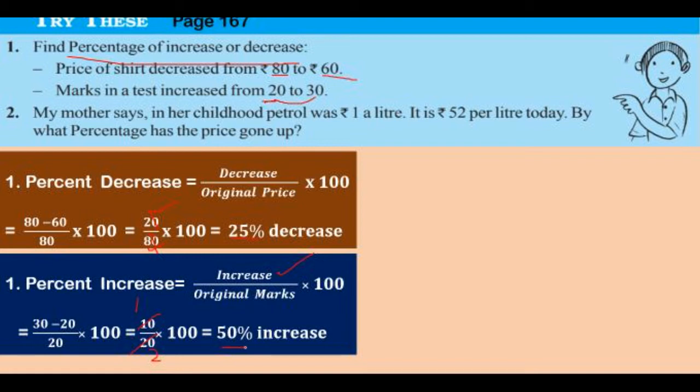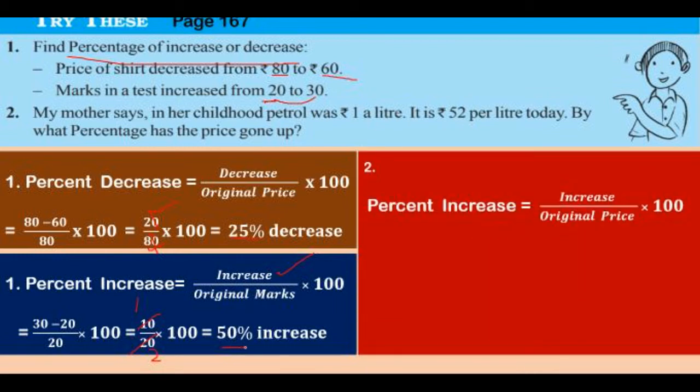Question number 2. My mother says in her childhood petrol was rupees 1 a liter. It is rupees 52 per liter today. By what percentage has the price gone up? So if I see there is a percent increase, so we will take the formula increase upon original price multiplied by 100.